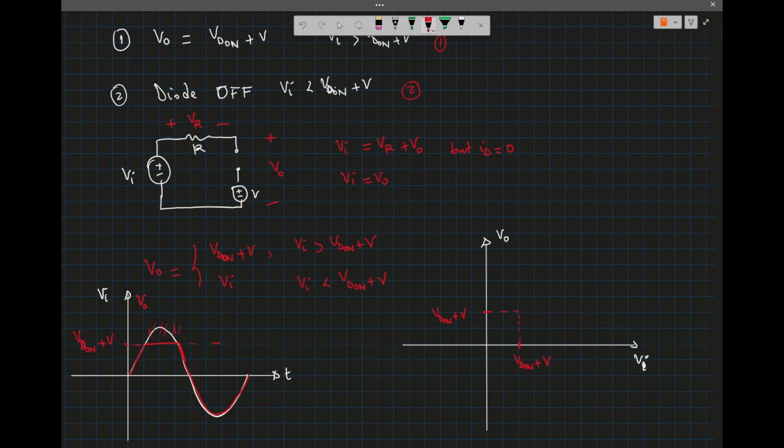When the input voltage VI is less than VD on plus the threshold voltage, then we have V0 equal to VI. So it's going to look like this, with slope 1.